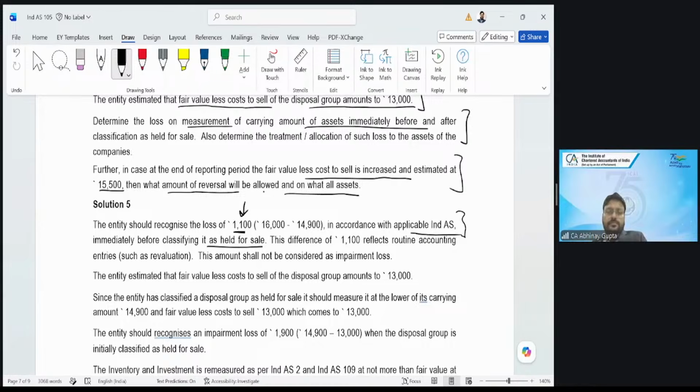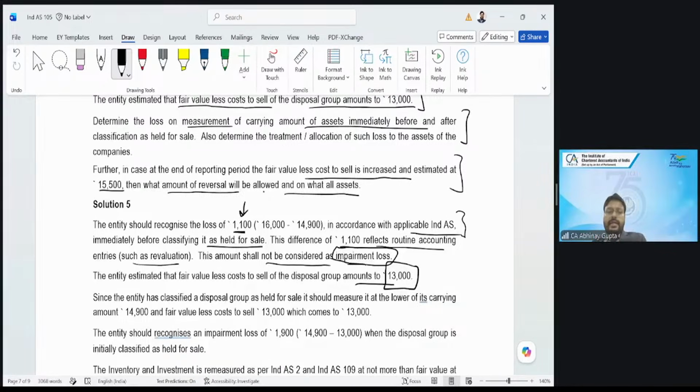Now, the difference of 1100 reflects routine accounting entries such as revaluation, depreciation, impairment, etc. The amount shall not be considered as the impairment loss, right? So this is the routine adjustment to the carrying amounts, right? The entity estimated that the fair value less cost to sell of the disposal group is now 13,000, right?